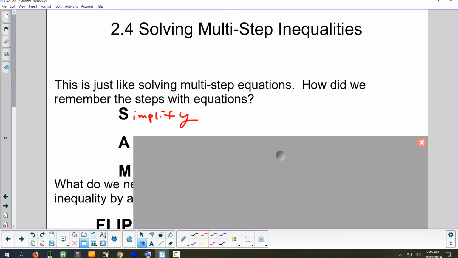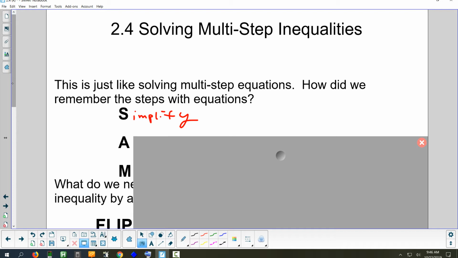Now, there's 2 things you have to do under simplify. Anybody remember the first thing you have to do? And we did it in the warm-up today. Yep. Addition and subtraction. That's going to be under the A step. So before we get to that, 2 things under simplify. One of them is a property we have to use.